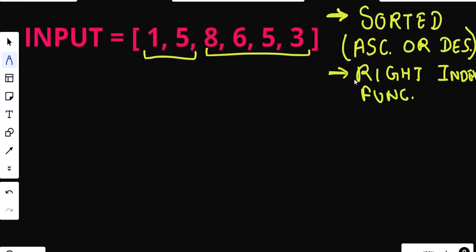Firstly, the lexicographical next permutation of this input will be just the next greater number after this. If the number starts with 1, 5, then the next will be greater than 5. If I look at the rest of the array, the next greatest number than 5 is 6. So our result will be somewhat 1, 6 and then the rest of the integers. So how are we going to get it?